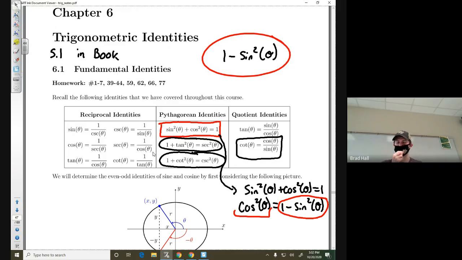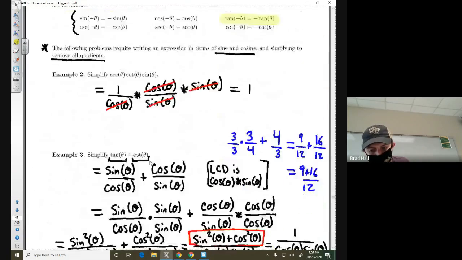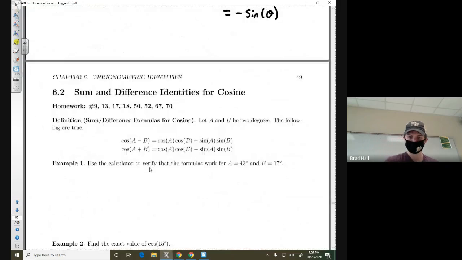And then we're going to skip to 5.3. So we'll move on to this next section, which is 5.3 in the book, not 5.2. If you want to do problems from 5.2, okay, have fun with that. This is 5.3 in the book, section 6.2 though.